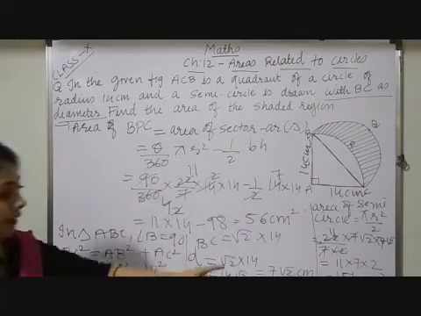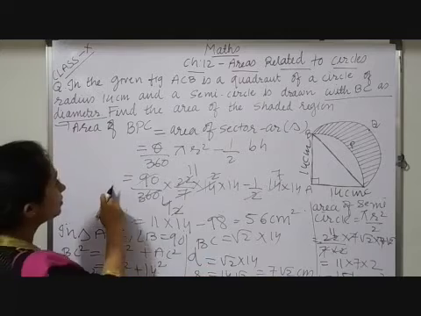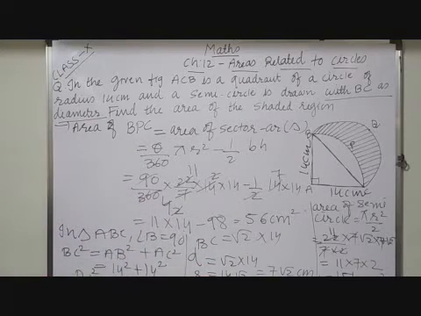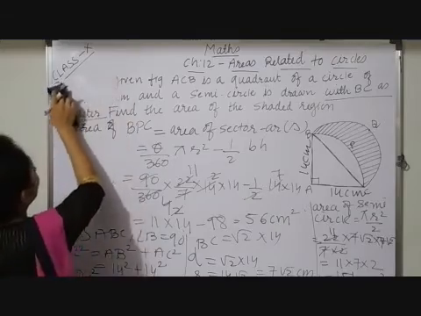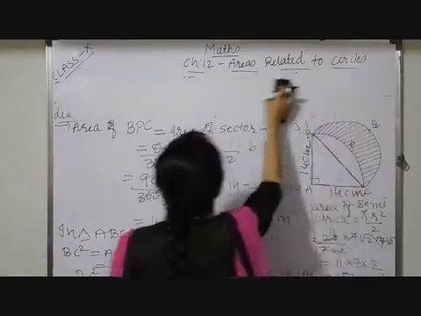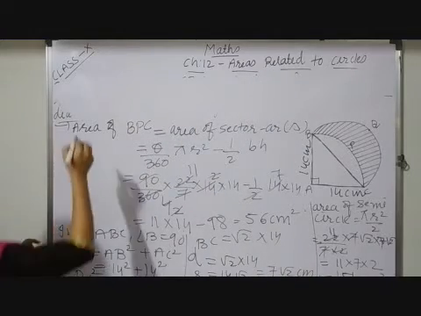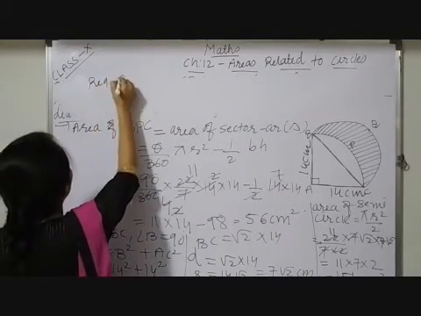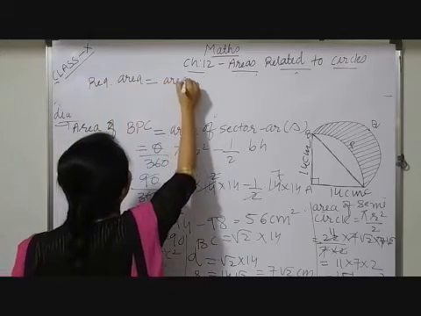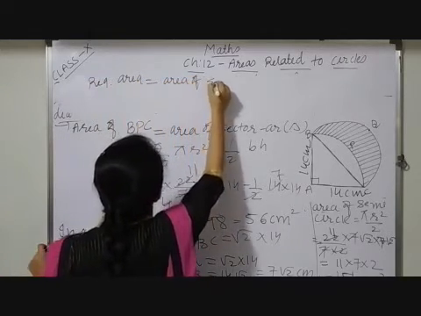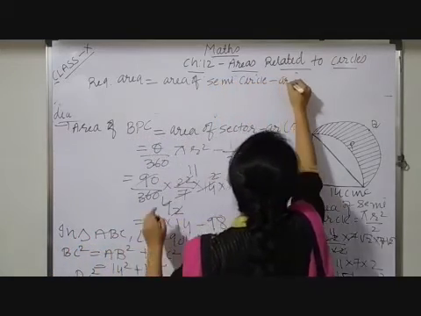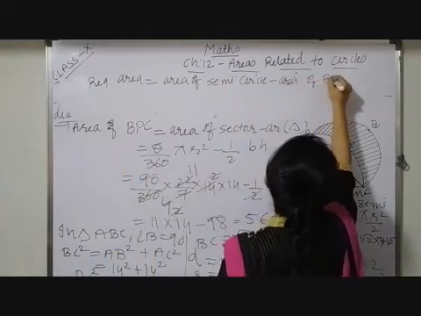Now here I have the area of the semicircle and also the area of the segment. So the required area is equal to the area of the semicircle minus the area of this BPC.